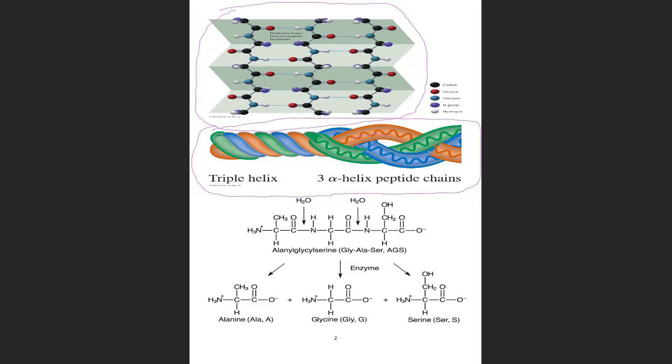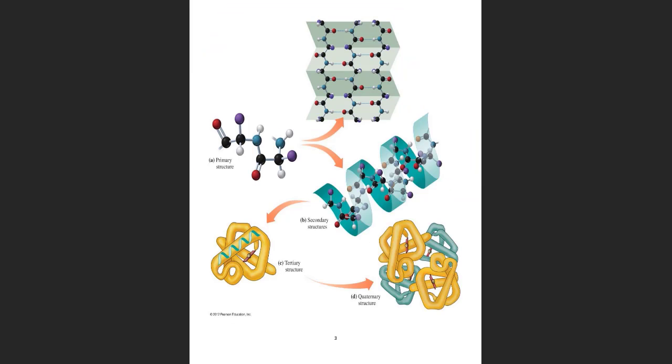So overall, as a review, you have the primary structure, that is the order, just the order. Where is the peptide bond? Can you find it? Can it be this one?